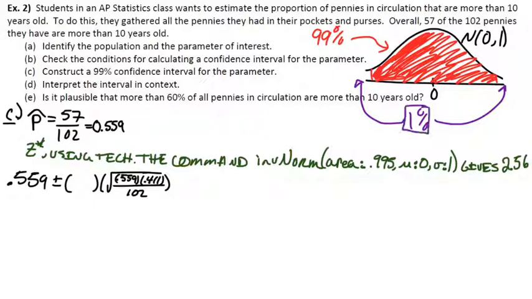So that means I have 0.005 in this tail and 0.995 underneath this tail, right? Because there's 0.5% for each one. So whether you want to use 0.995 or 0.005, one of them would give you a z-score of 2.56. That'd be the positive one right here. That'd be 2.56 for this z-score, and this z-score at this boundary would be negative 2.56.